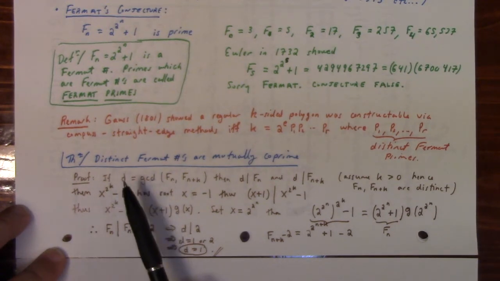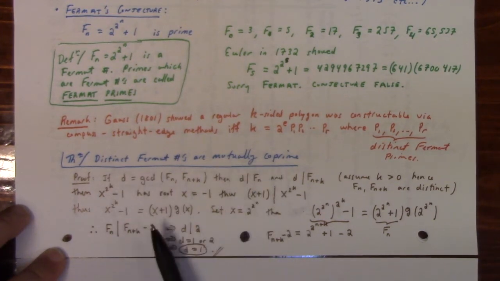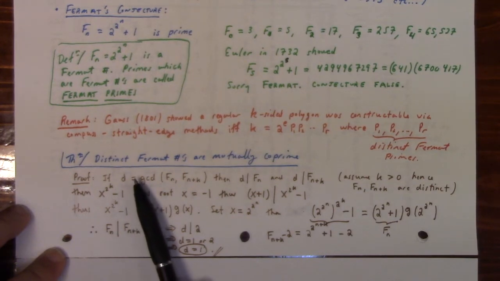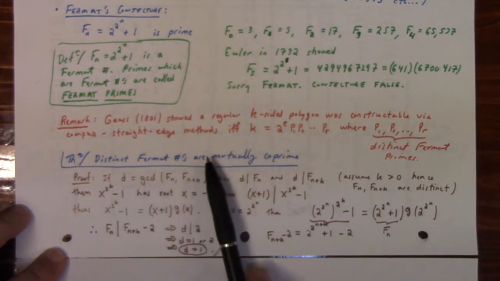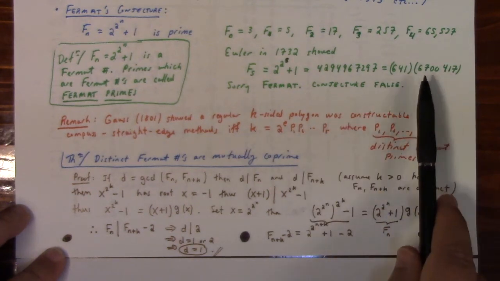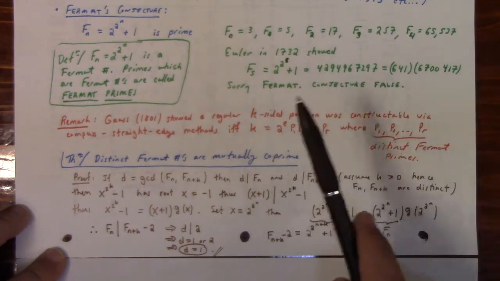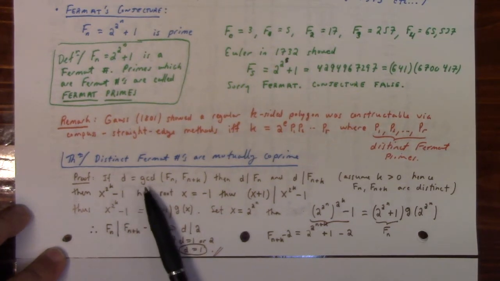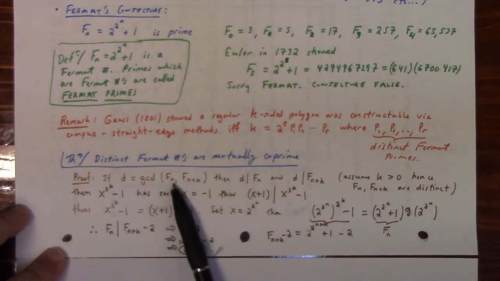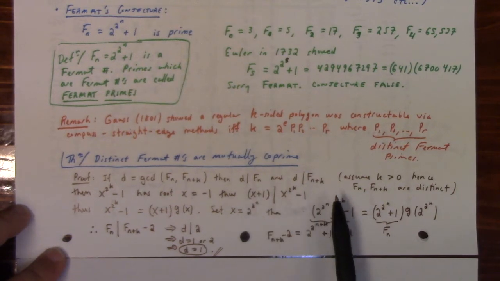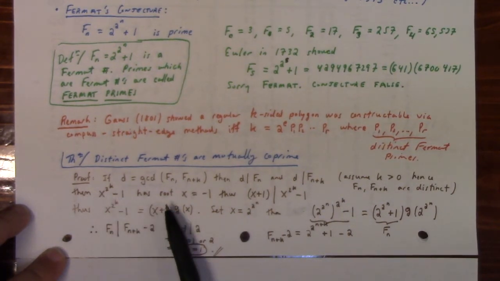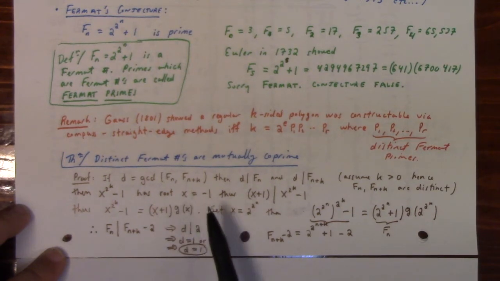I don't know. Anyway, distinct Fermat numbers are mutually coprime. It's kind of neat. So even though they're not necessarily prime, if you look at them pairwise, they don't have any common prime factors. So if D is the GCD of two distinct Fermat numbers, say Fn and F(n+k), then you can look at x to the 2^k minus 1, which has root x equal to minus 1.